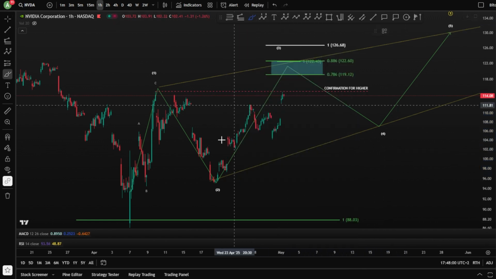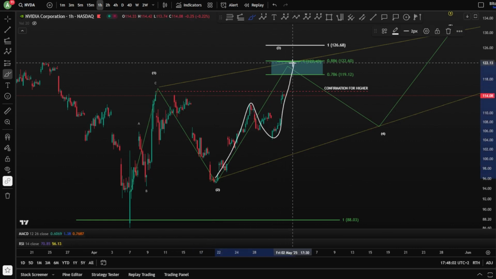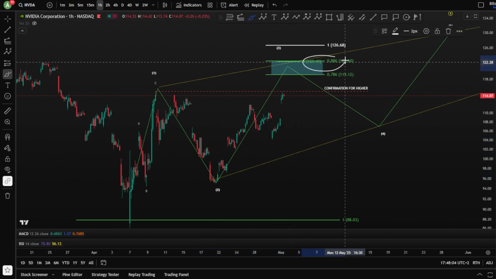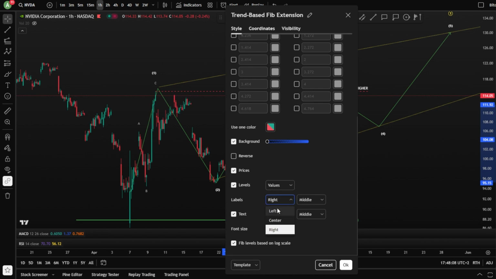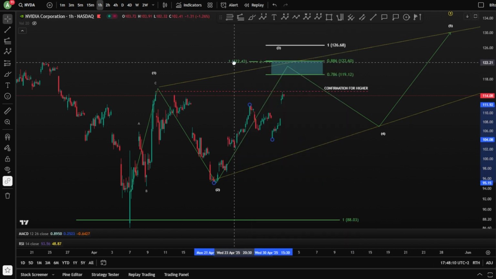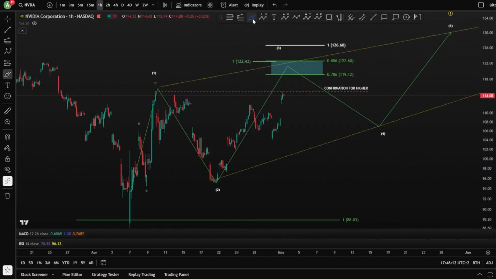And that means, when you want to reach a 1-to-1 here, you can see that it is in confluence already with the 0.886, which is a really good signal that it might hit there. But don't forget that also the structure is more than enough to finish this impulse. Now, you might have an extended wave 5. Nobody knows, since your wave 3 is longer than wave 1, it is allowed to have an extended wave 5.